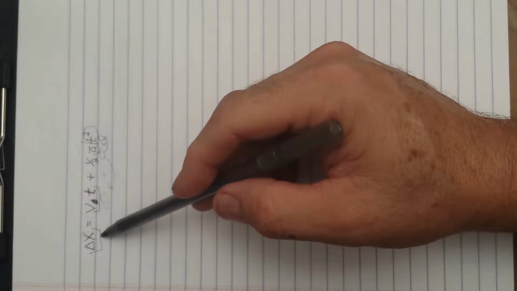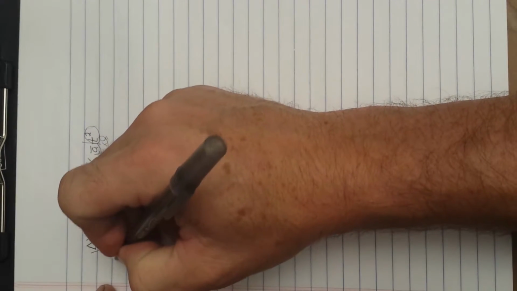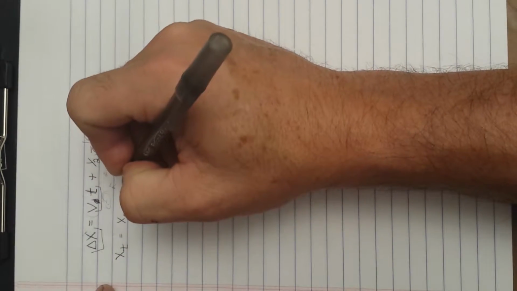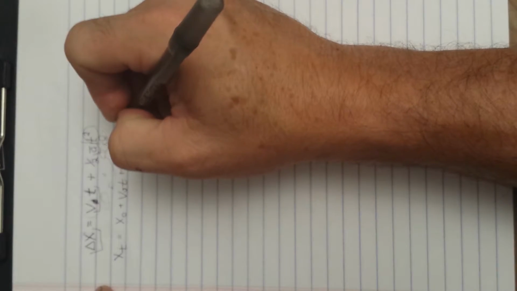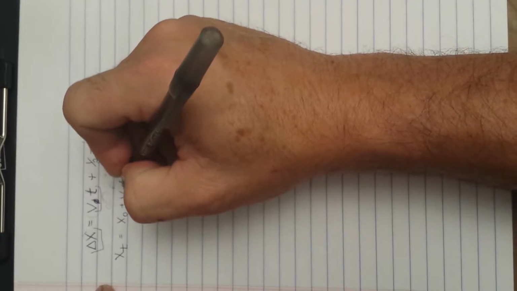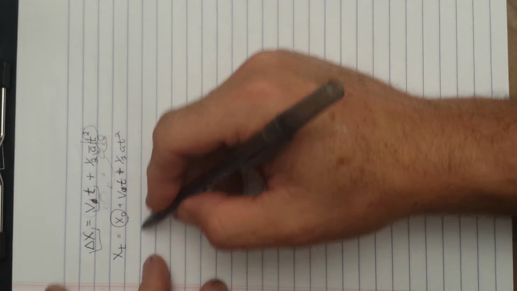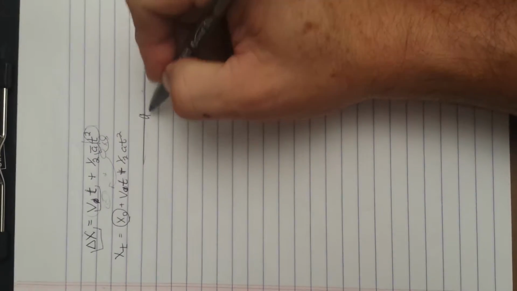There may be cases when we don't really want to know the overall displacement, but actually an exact position. So we have a different formula for that. It looks very, very similar. The only difference with this version of the formula is we know the actual position number we're starting at, meaning we've diagrammed out some big long number line, and we know we're at a position right here, whatever that is.